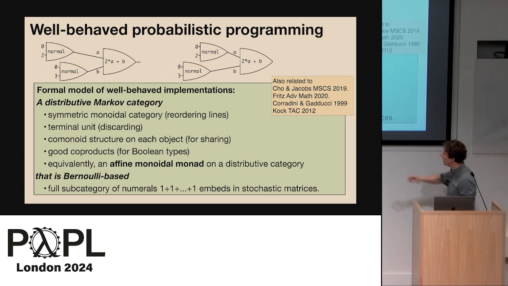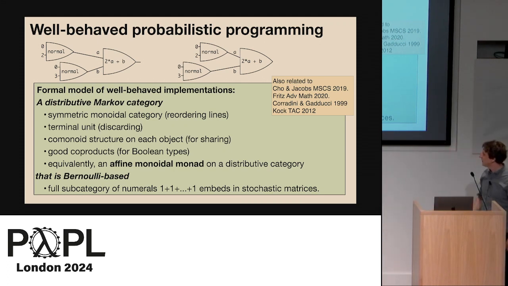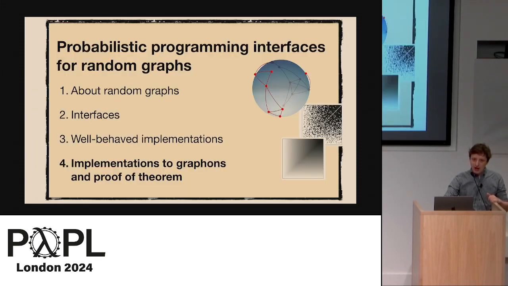So to fix that, we say what we call a Bernoulli-based Markov category, which says that the numerals, the finite types, just give us stochastic matrices. Okay, so that's our formal model of what a well-behaved probabilistic programming language is. Okay, so with that, we're ready to prove the theorem.